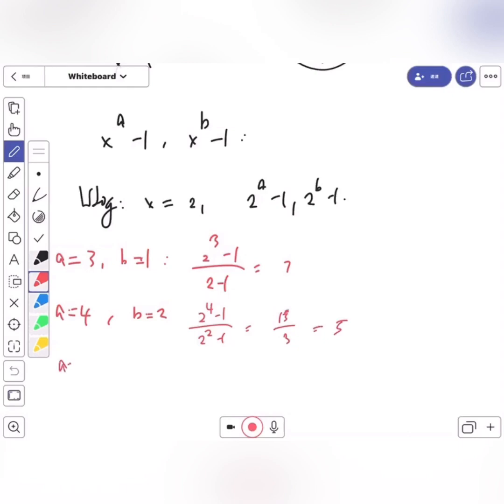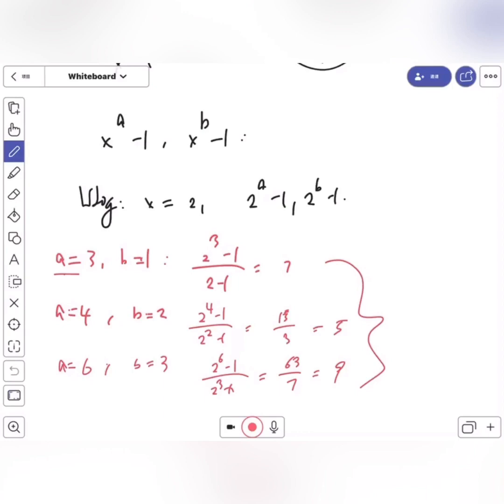Let's try some more: a is equal to 6 and b is equal to 3. Then 2^6 minus 1 over 2^3 minus 1 is equal to 63 over 7, which is 9. These are all integers, and we have been using our constraint that a is a multiple of b.